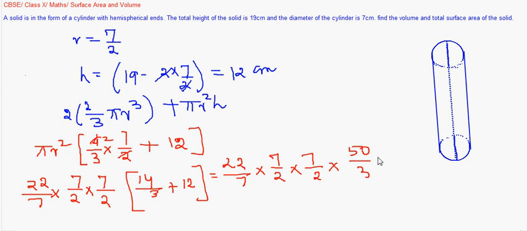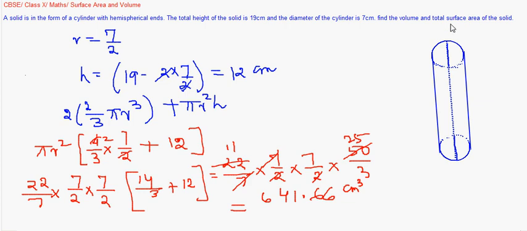This will be centimeter cube. Whatever we get here, if I solve, I'm getting this cancelled. This is 25. Now I need to solve. I am getting some 641.66 centimeter cube. This is the volume of this.